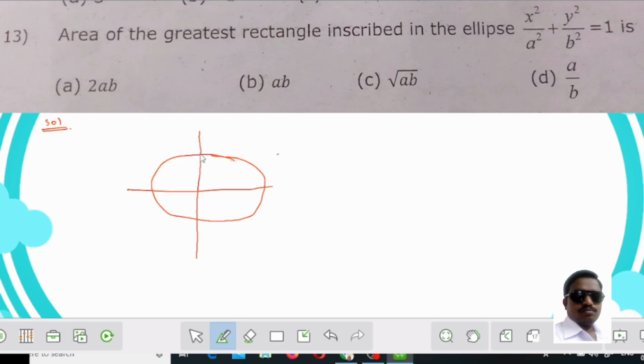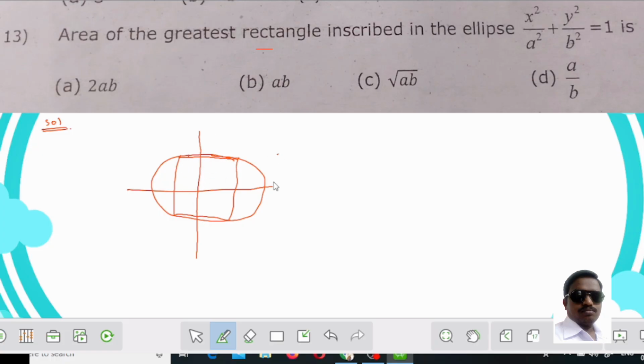This will be the ellipse. And draw a rectangle in inscribed form. This may be the rectangle inscribed in the ellipse. They are asking you to find out the area of this rectangle.